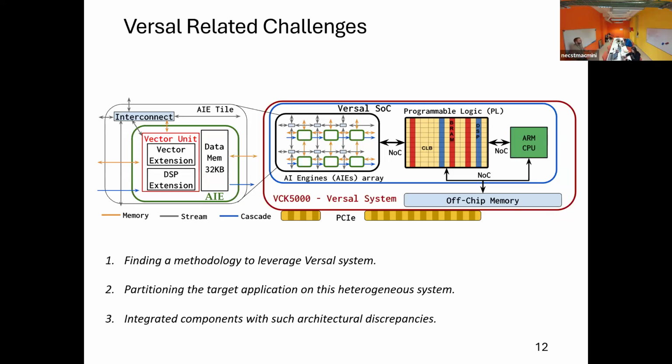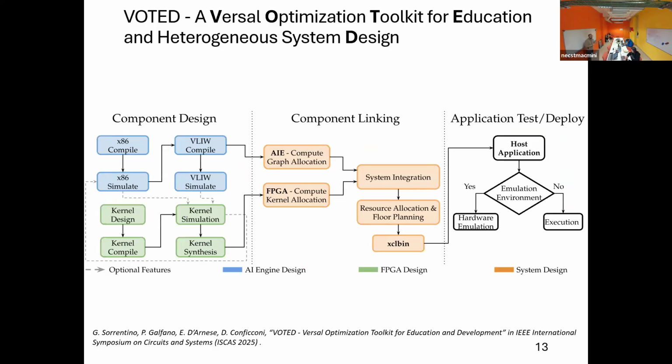Then, if you consider a real application, you have to understand which part of your design must be tailored to each layer, trying to mitigate the discrepancies as much as possible. Given this complexity, one of my first works here in Milan was devising a toolkit for both education and design in order to simplify the usage of versatile systems. This research, currently accepted at ISCAS and to be presented in a couple of months, algorithmically splits the design step for versatile systems into well-defined parts.